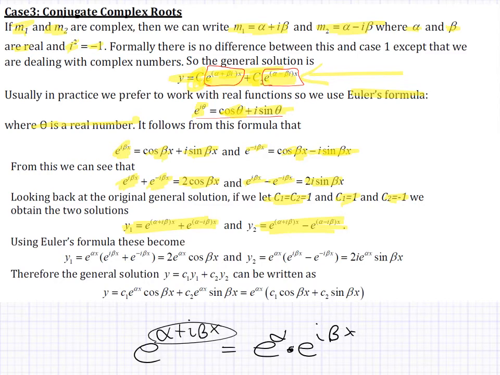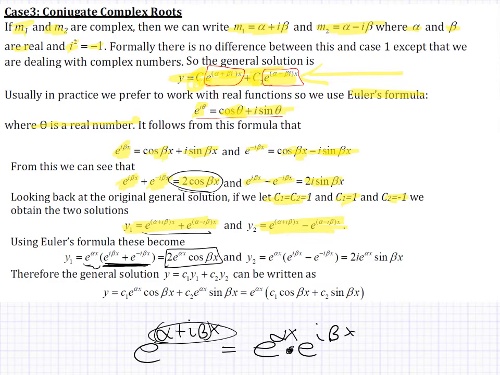Because I'm adding in the exponent, I can write it as multiplication of bases, which would then allow me to factor out an e to the alpha x. Sorry, this is all in parentheses, so this would be alpha x. And I would get e to the i beta x plus e to the minus i beta x. Well, we already said that e to the i beta x plus e to the minus i beta x would be 2 cosine beta x. So in essence, we could take y1 here and actually rewrite it this way.